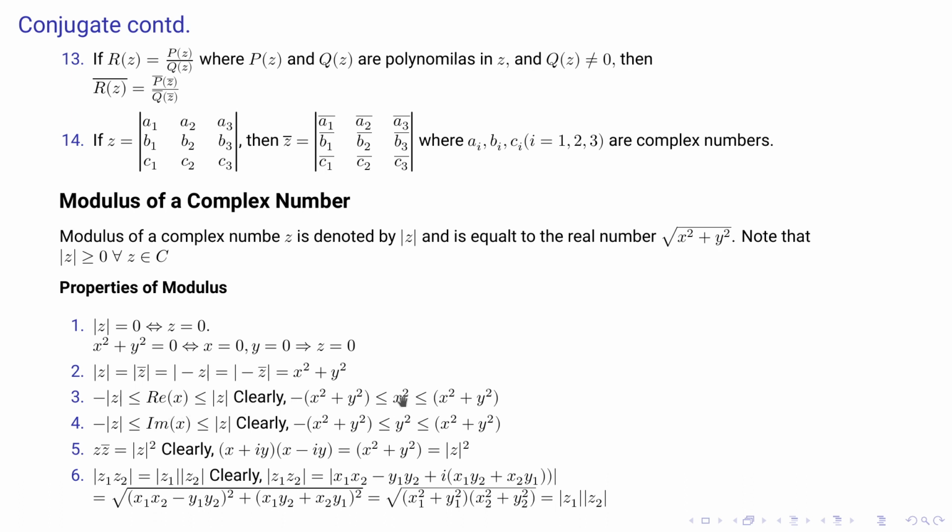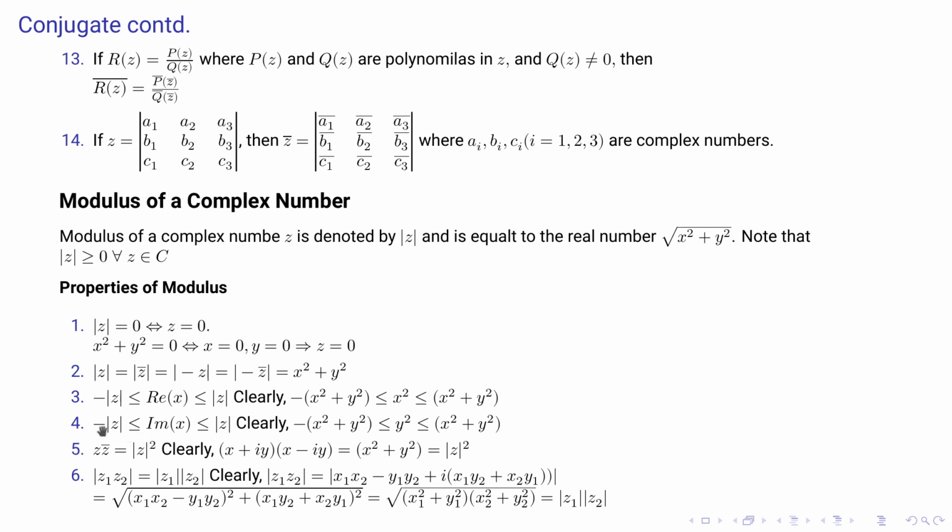Now you will ask how I have written x square here. What I have actually done is squared everything, in the sense that modulus of z is the square root of x square plus y square, so I have squared that and written x square plus y square. I have squared this and written x square, and I have squared this, which is x square plus y square.